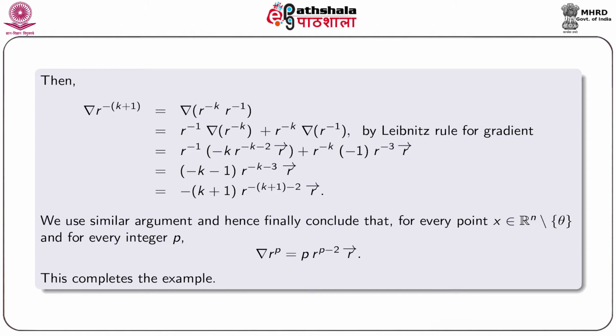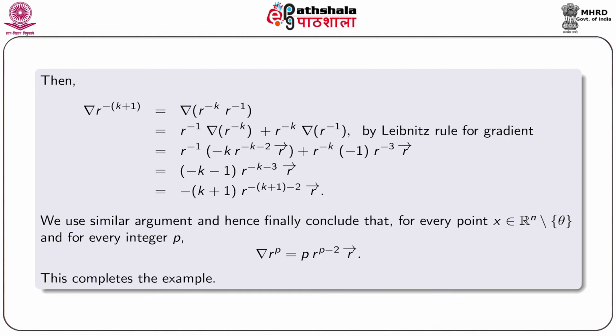So, this is r to the power minus 1 times minus k r to the power minus k minus 2 r, plus r to the power minus k times minus 1 r to the power minus 3 vector r. After simplification, this is nothing but minus of k plus 1 r to the power minus of k plus 1 minus 2 vector r.